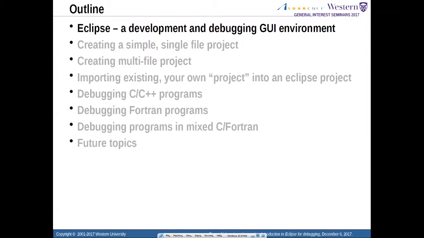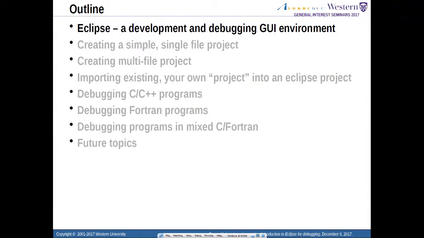And today we will cover the following topics: to create a single project and run it, to create a multi-file project, to create a project and import your existing project files into an Eclipse project, debugging C and C++ programs, debugging a Fortran program, and debugging programs in mixed C and Fortran programming languages.